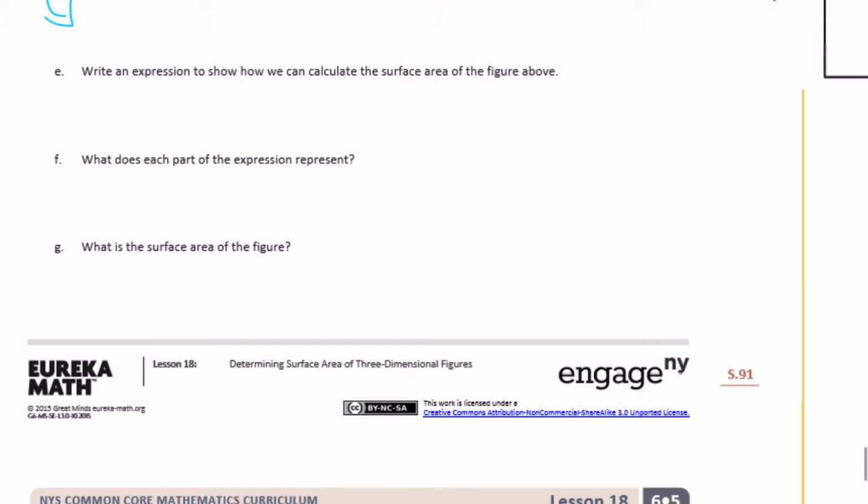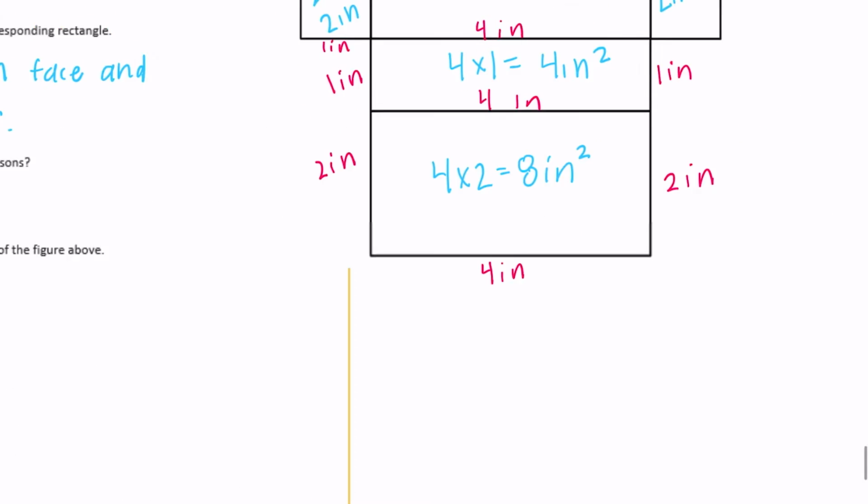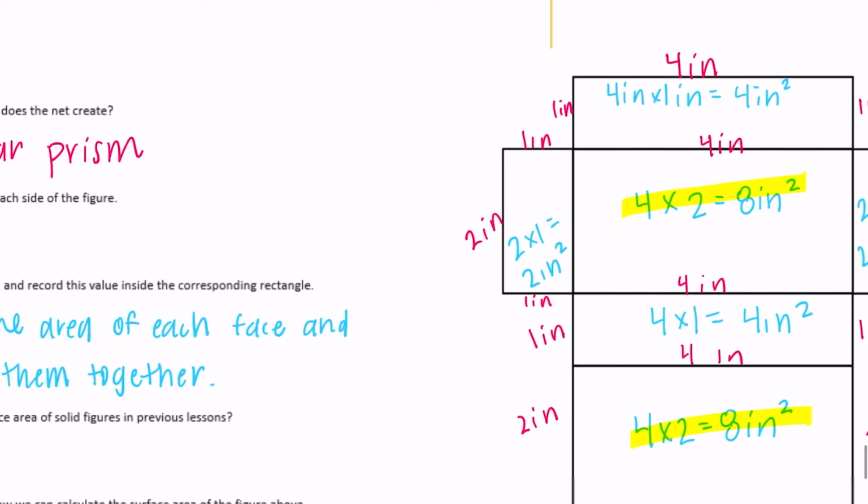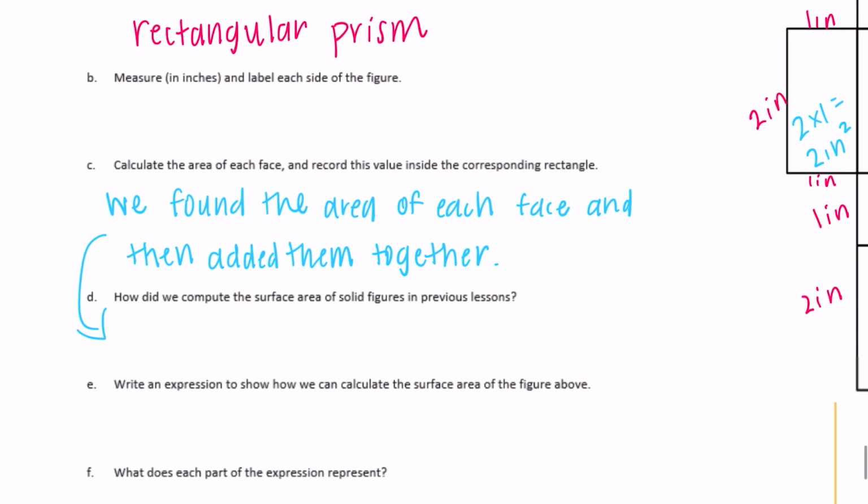So E, write an expression to show how we can calculate the surface area of the figure below. So how could we figure out the surface area of the figure below? I'm going to combine any like areas. So those are both 4 by 2. So instead of writing 4 inches times 2 inches plus 4 inches times 2 inches, I'm going to combine them and say we have 2 groups of 4 inches by 2 inches.